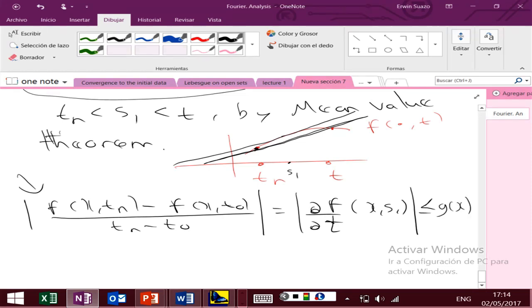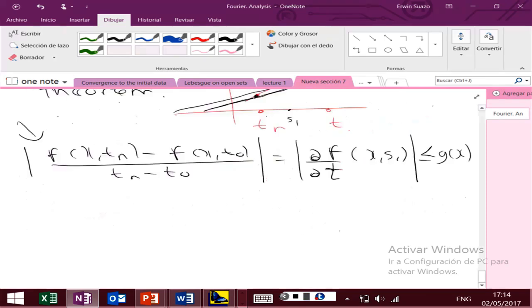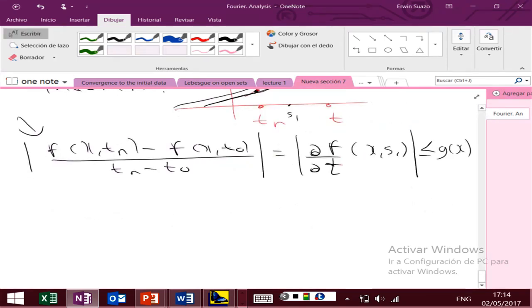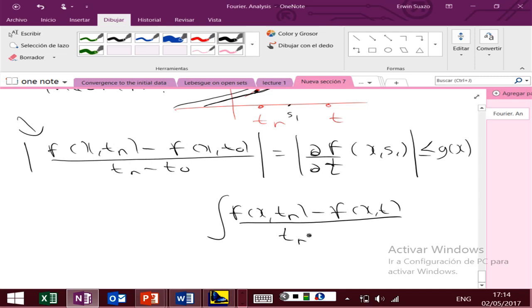So that's good, because then I can do the following. I'm going to take the integral of f of x, t sub n minus f of x, t over t sub n minus t, d mu of x.